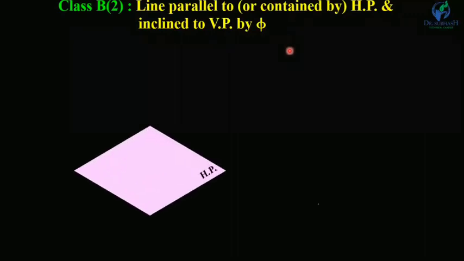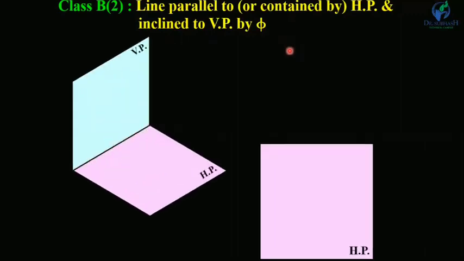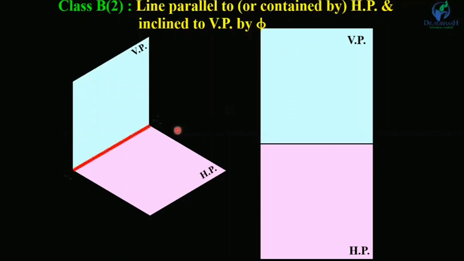Now second position of class B, line parallel to or contained by HP and inclined to VP by angle phi. First here in 3-dimensional view and here in 2-dimensional view.